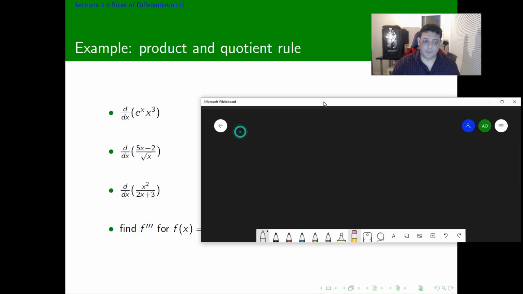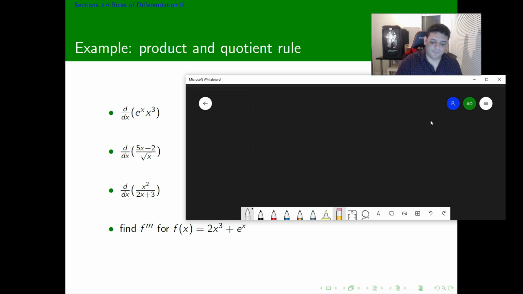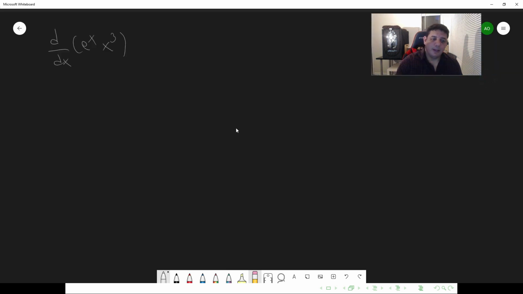So let's put some of this function in here. So first, derivative of e to the x cubed. Let's go for this one first. Notice that this is a product rule. We can classify this as f, this is g, and so we can write e to the x, which is f prime, times 3 times x cubed, right?